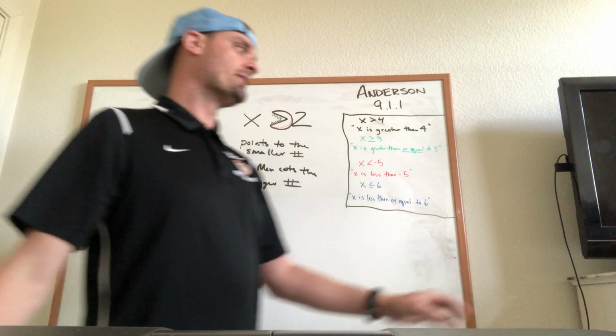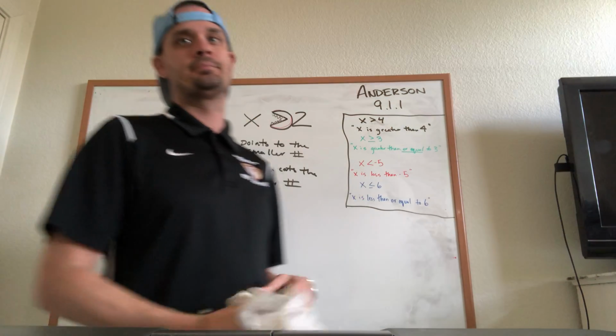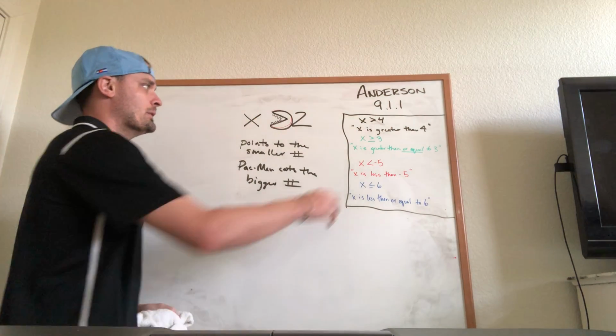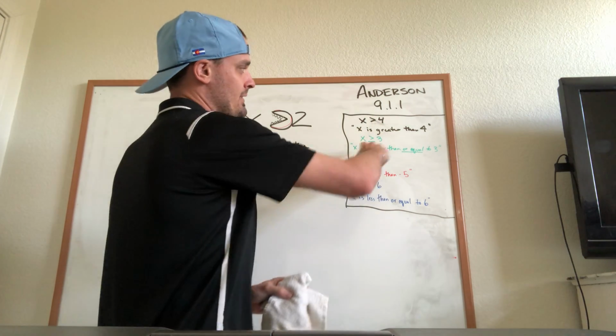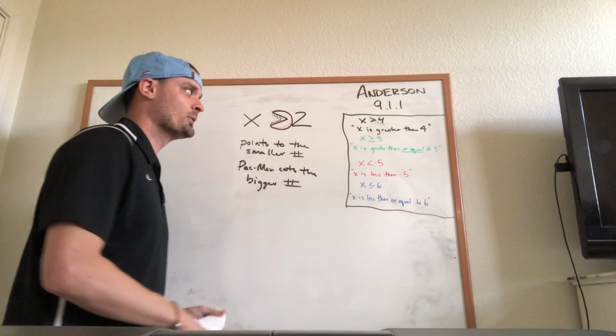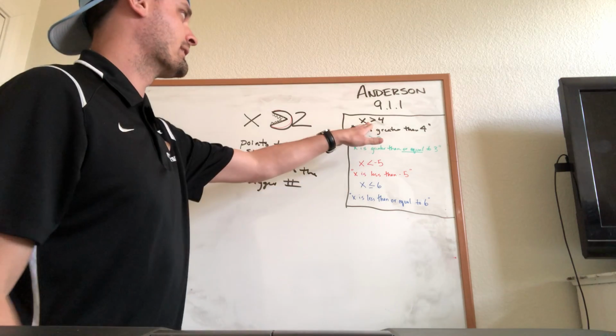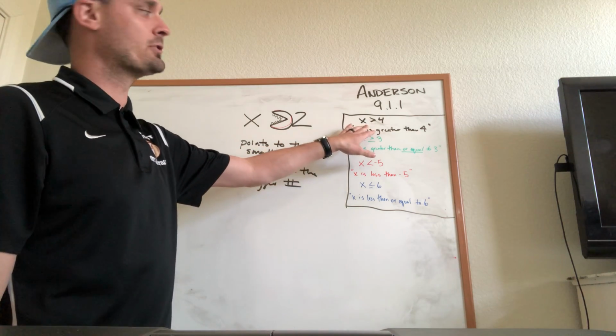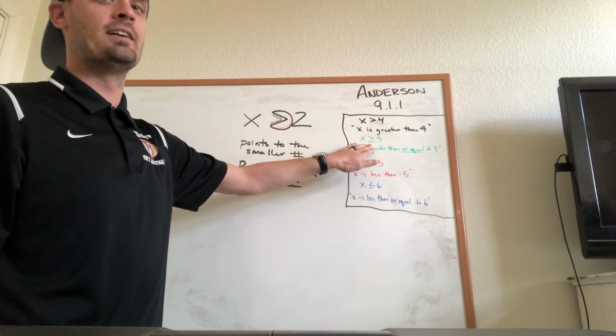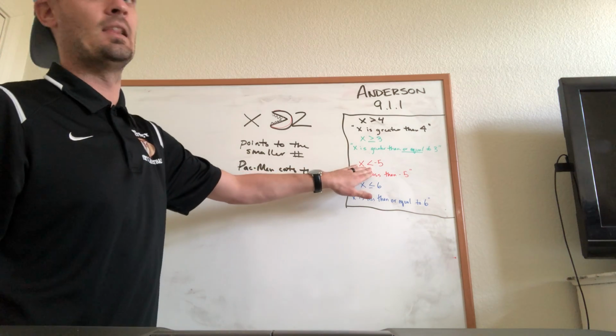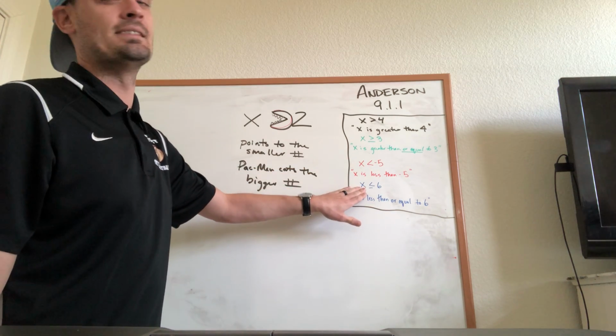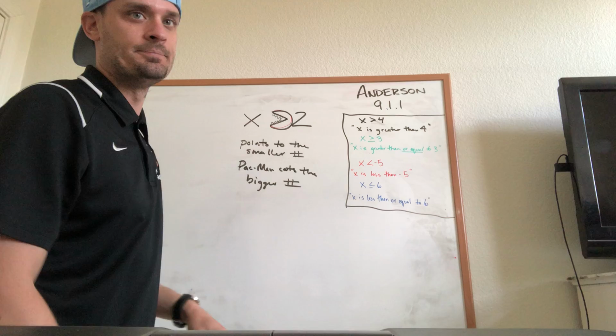So it's really important that you understand all of those. Being able to interpret what it is saying in sentence form helps out a lot. So if you can look at this and read it as x is greater than 4, x is greater than or equal to 3, x is less than -5, x is less than or equal to 6.